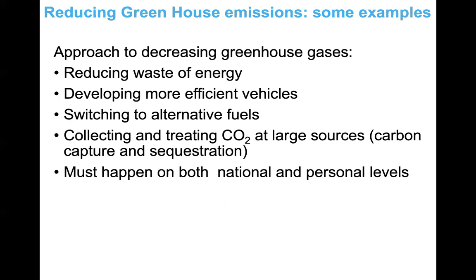Another thing is that they are already developing techniques to store CO2 in large quantities. They sequester the CO2 and trap it somewhere so it will not be in the air, and this way it will reduce the amount of CO2 in the air.